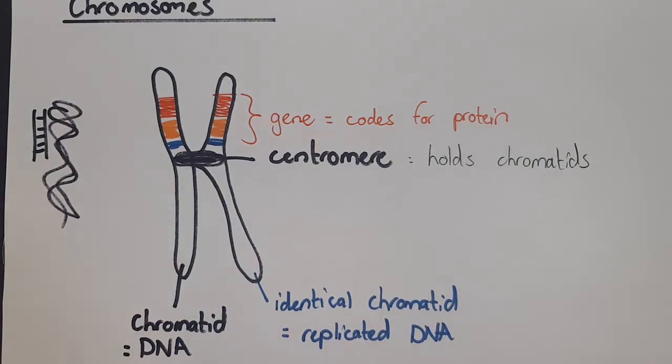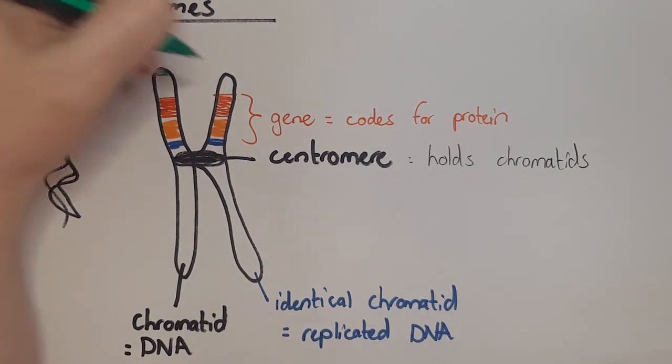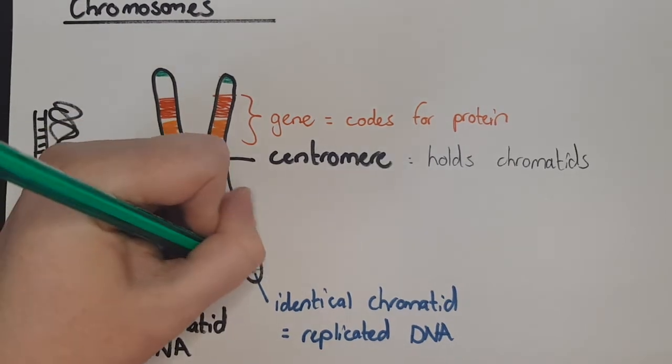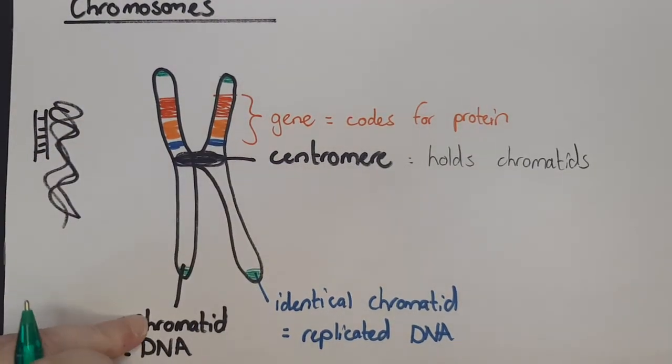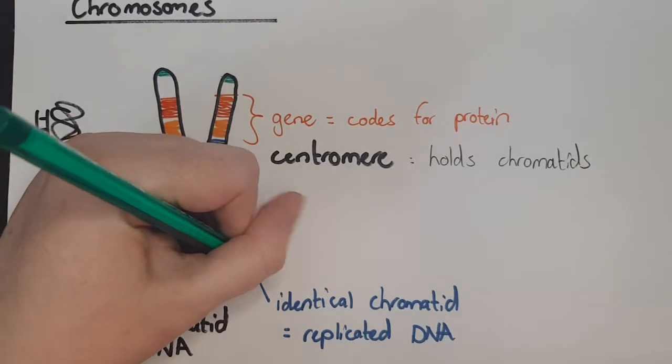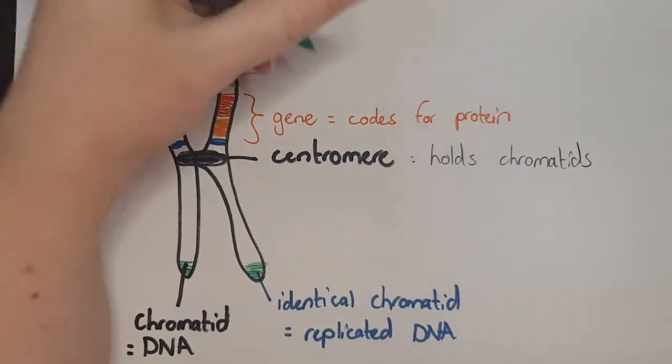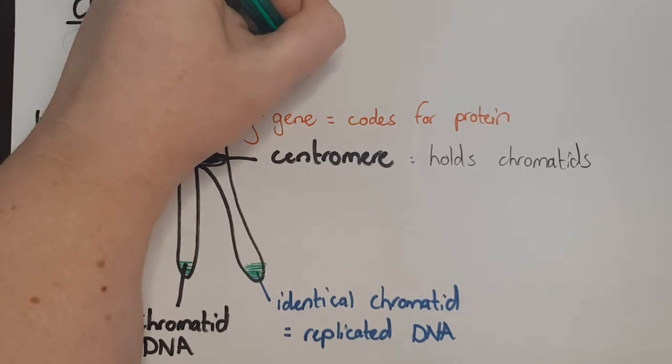And then at the very end of each one, there's a little section at the top and at the bottom of the exact same section of DNA. Those little sections at the top and the bottom we call telomeres.